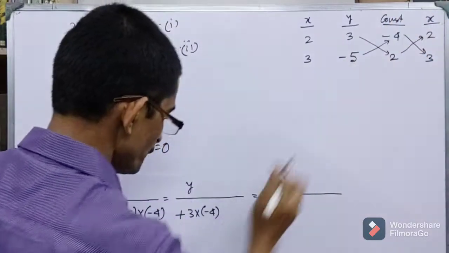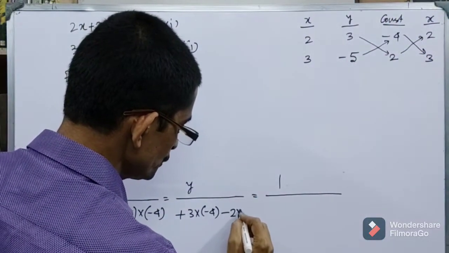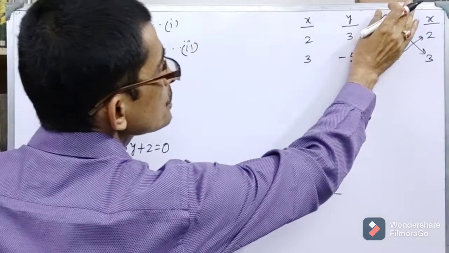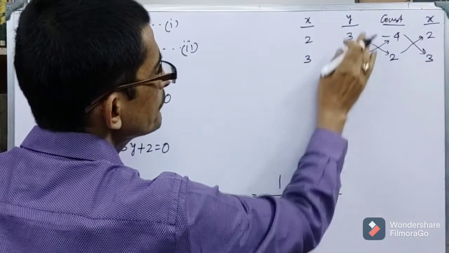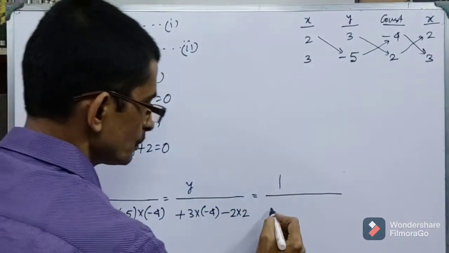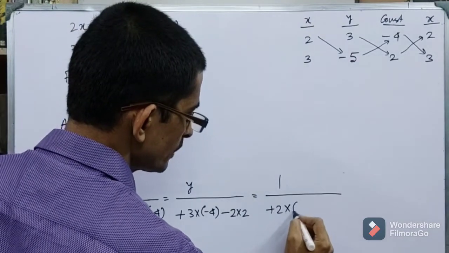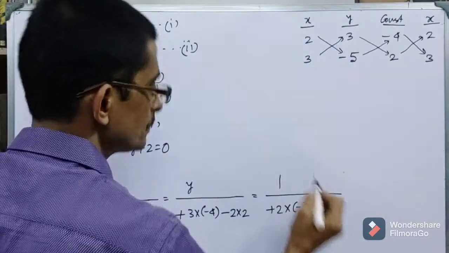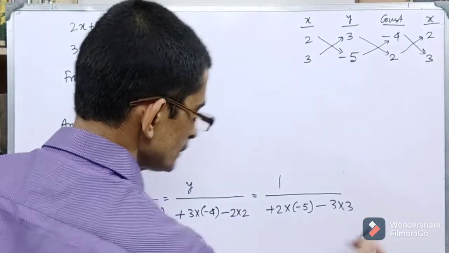Next the arrow is upward, minus sign will appear, 2 into 2. For the constant term, it will be suppressed. You have this part left. Multiply these two. After plus sign, 2 into minus 5. Minus definitely for this upward arrow, 3 into 3.